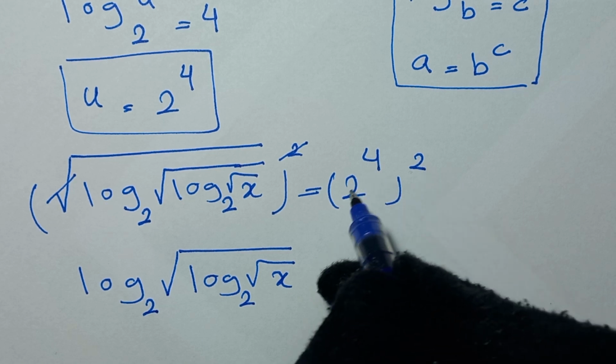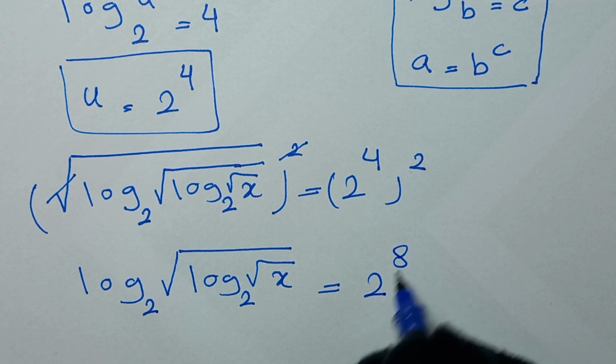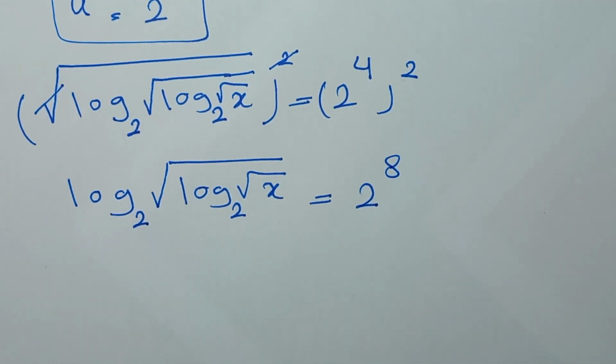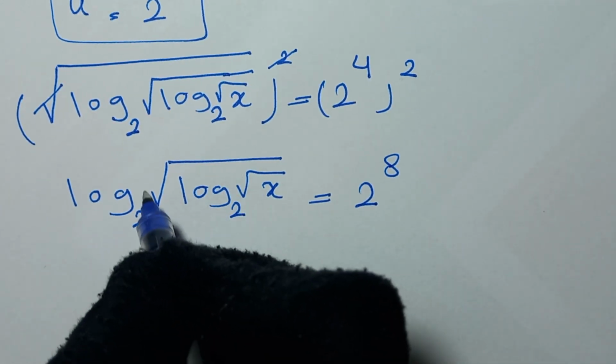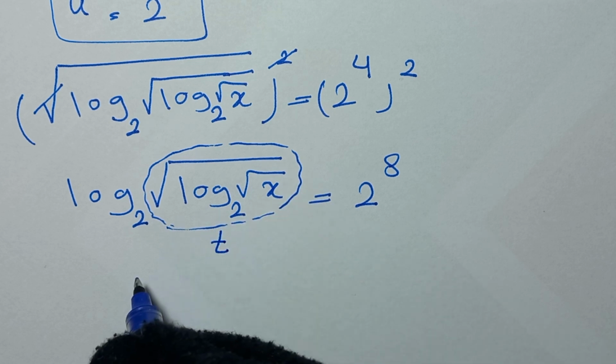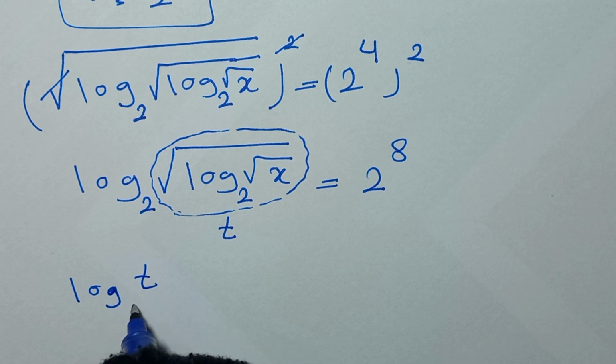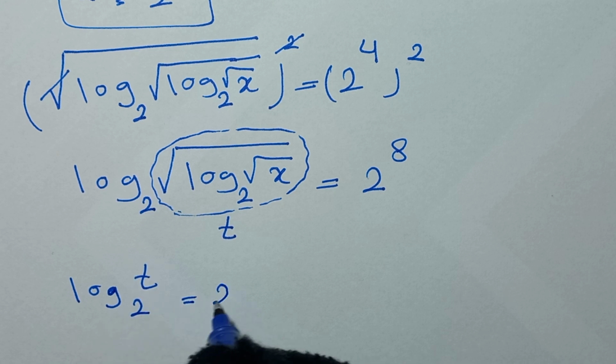That is 2 to the power of 4 times 2, which is 2 to the power of 8. Here again we let this part be t, so log of t to base 2 is equal to 2 to the power of 8, right?